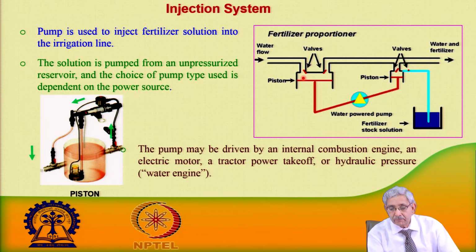So, this is a system where water as well as dissolved fertilizer are both introduced and maintained in proper proportion. This is a fertilizer proportional system, a reciprocating type of system, where double acting pistons are used.